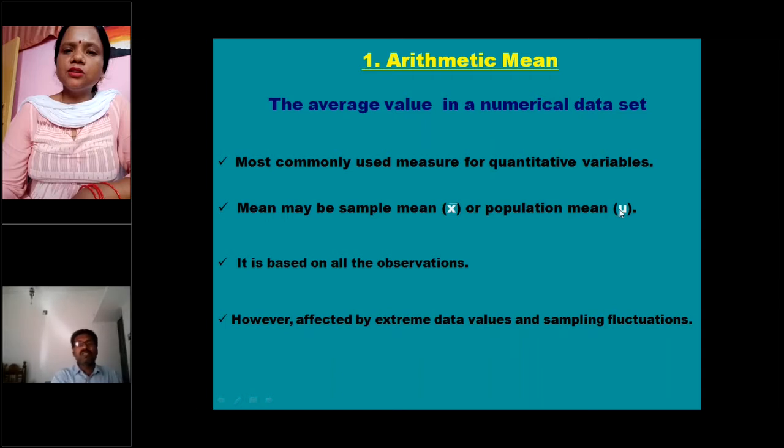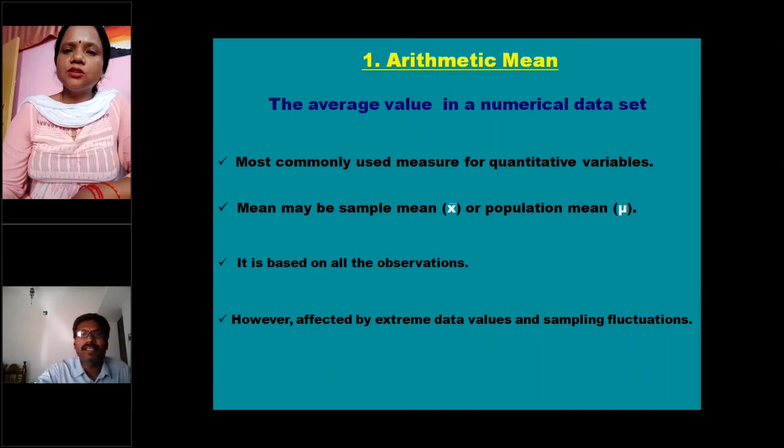But for finding out the mean of both the sample and the population, the formula is the same. And the arithmetic mean is based on all the observations of the collected data. And this arithmetic mean is affected by extreme data values and sampling fluctuations.